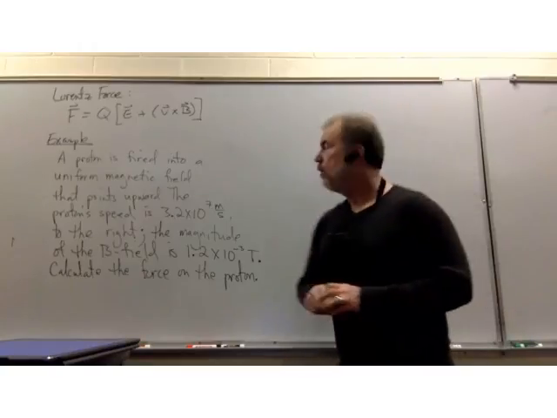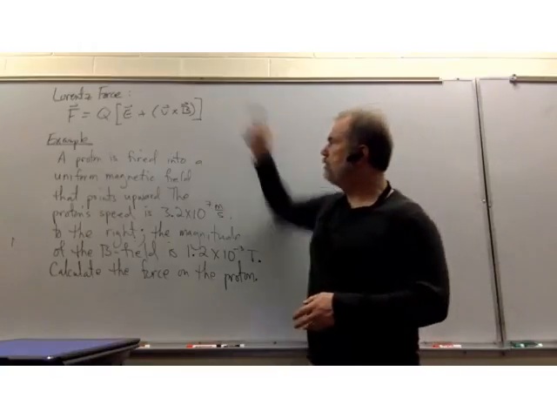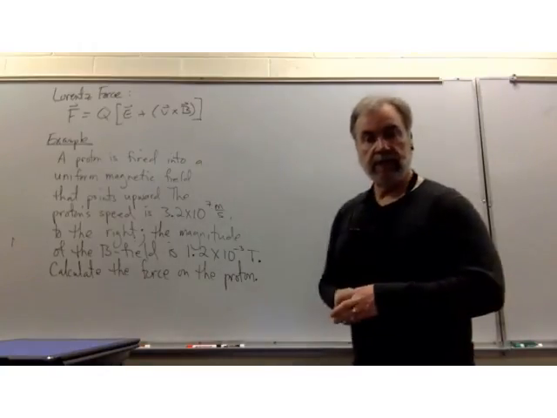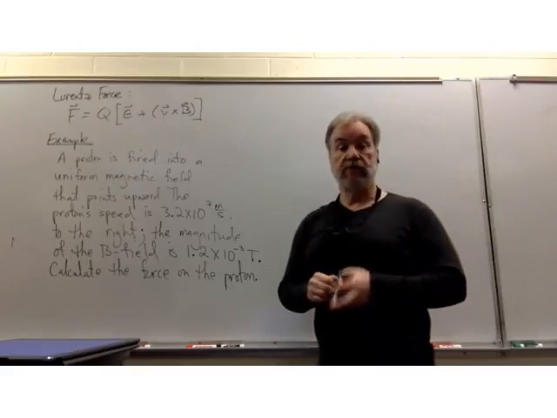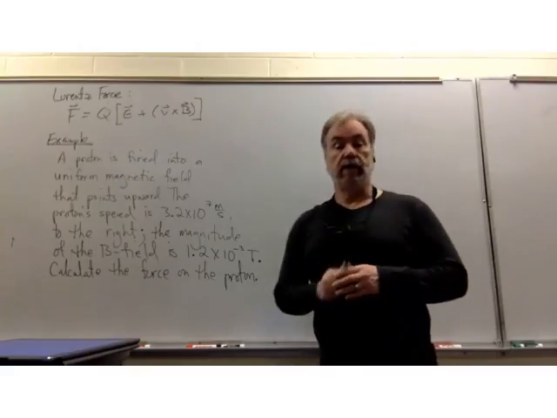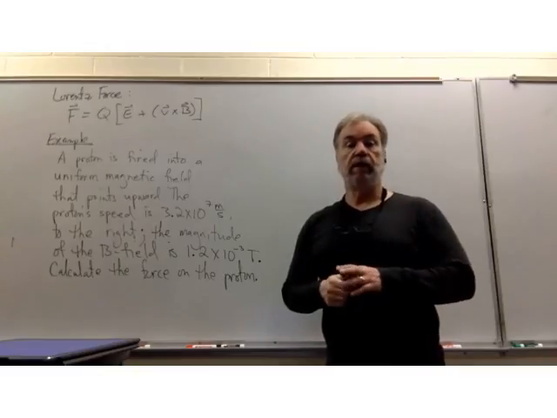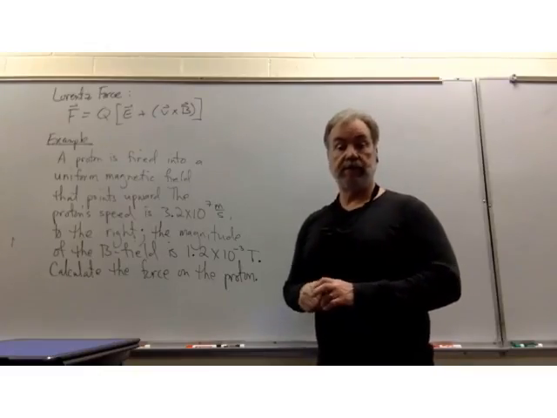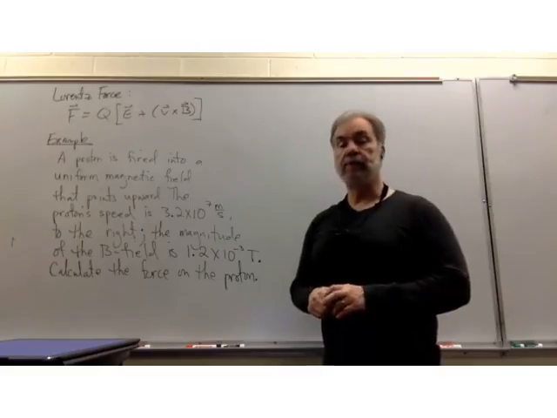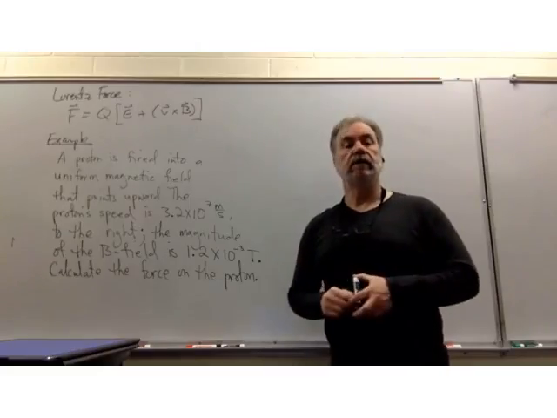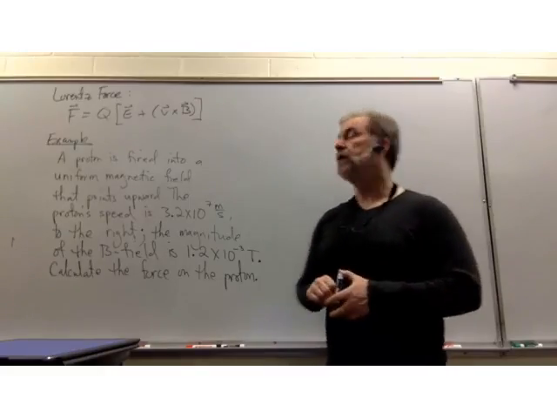Okay, so here's the Lorentz force, and I remind you, the idea here is that we have a moving test charge, that's capital Q, and it will be affected not only by a magnetic force created by any magnetic fields that happen to be around, but also, of course, by any electric fields that happen to be around as well.